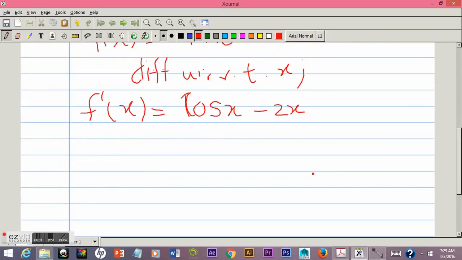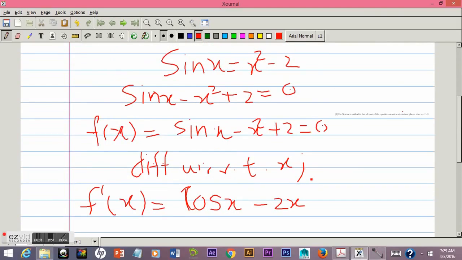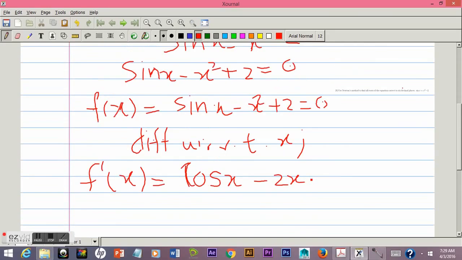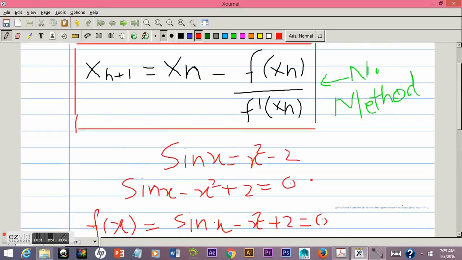So what we can do now is we can arrange our formula by using our f of x and f dash x.